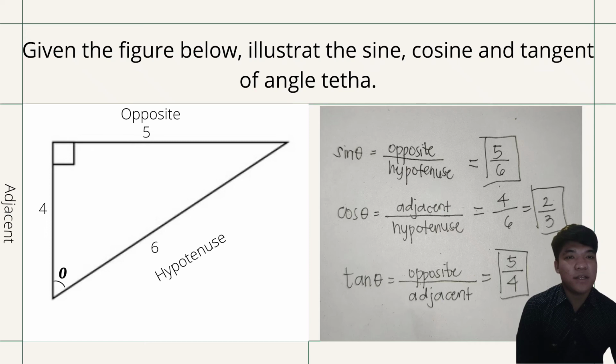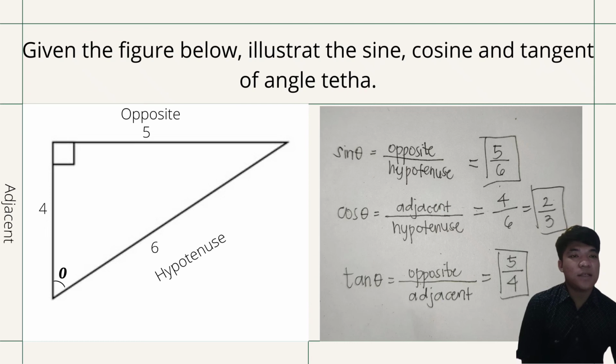Then the right angle here, the opposite is the hypotenuse, and the remaining one is the adjacent. So the opposite side has a value of 5, the hypotenuse is 6, and the adjacent is 4. So to come up with the values, we have to write the formula. So sine theta is equal to opposite over hypotenuse, where opposite is 5 and the hypotenuse is 6, so 5 over 6.